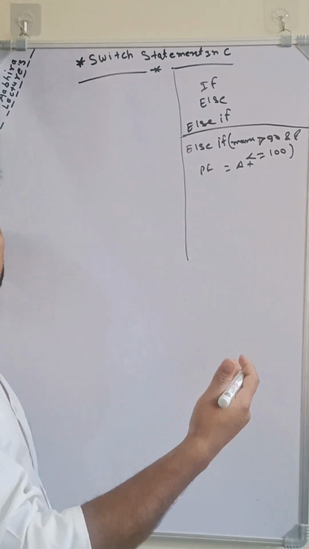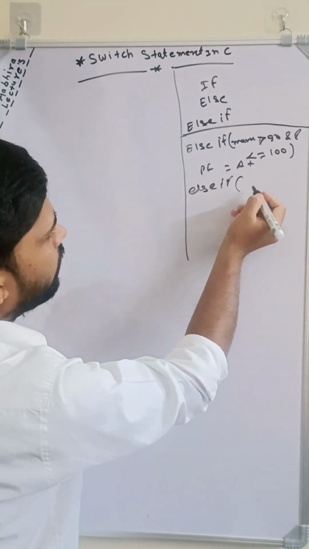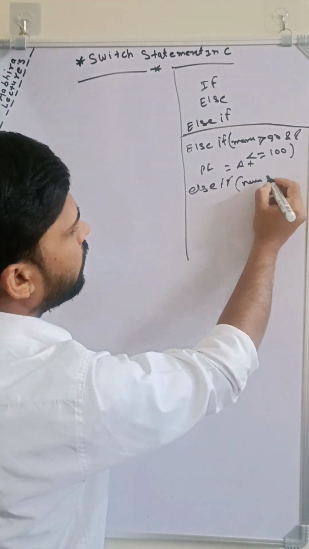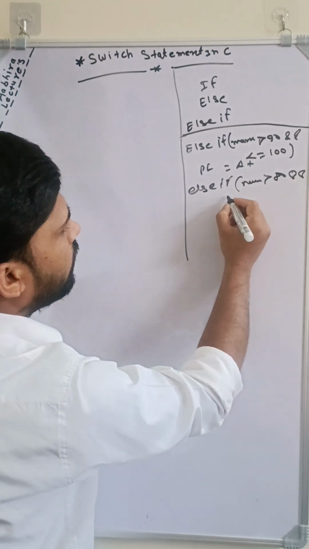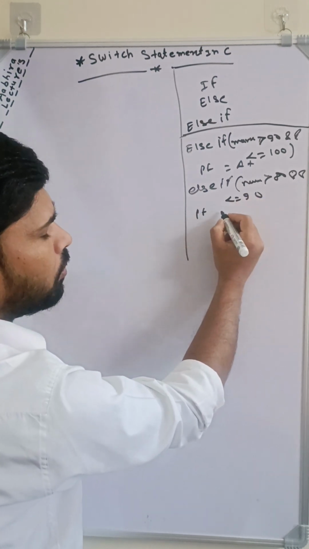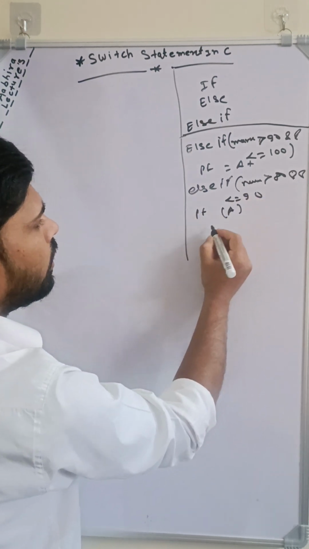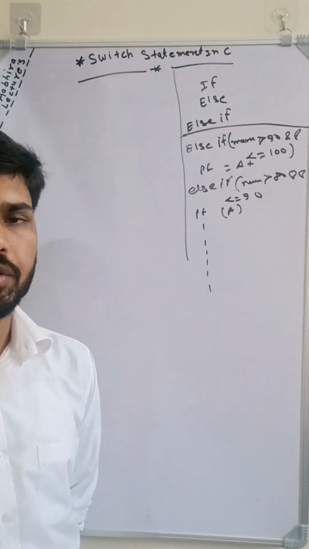Again, else if marks is greater than 80 and less than or equal to 90, then print A. So we write multiple else if conditions.